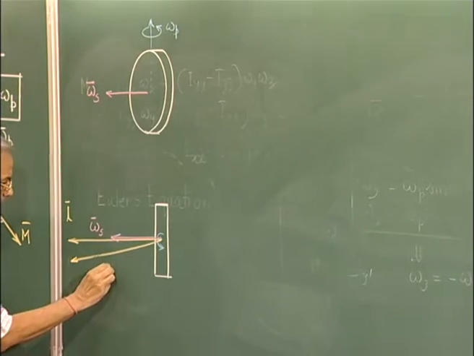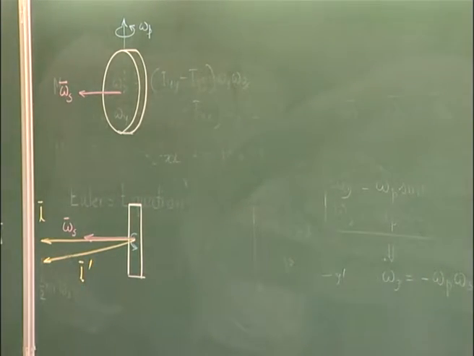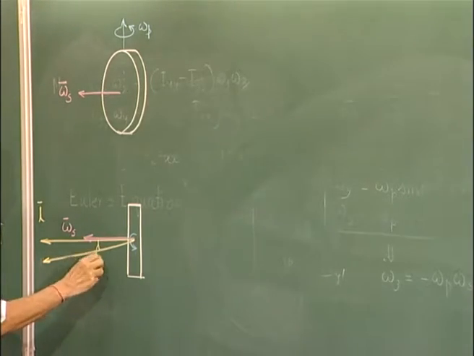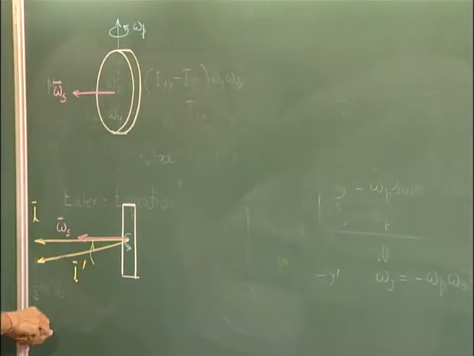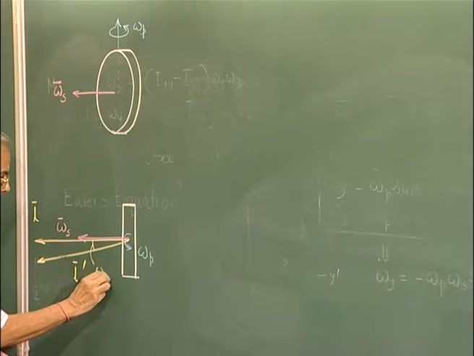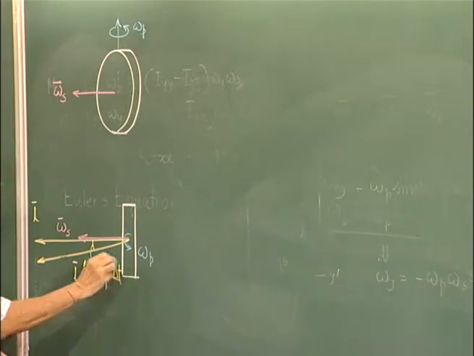This is the new angular momentum vector, and this angle will be how much? The angular velocity, which is omega p, into the time, which is delta t. So, this angle is nothing but omega p into delta t.